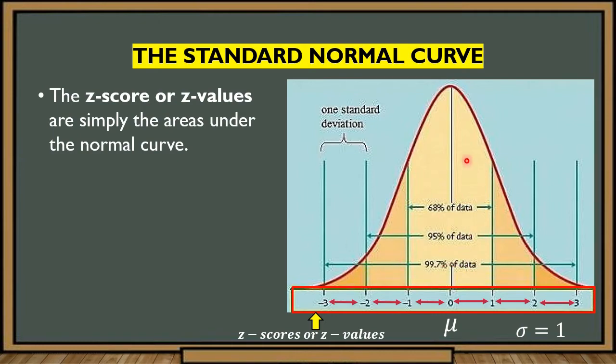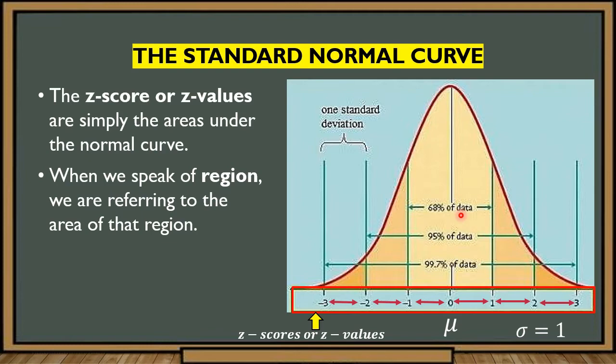So we can find areas under the normal curve. So when we speak of region, we are referring to the area of that region. Example, from between -2 and -1, we have here the region from -2 to -1. So this is the area, the shaded part from -2 to -1 is the area of this region.